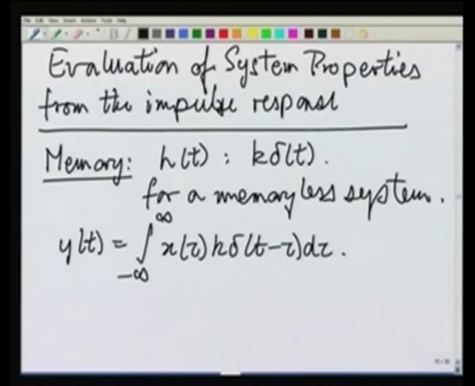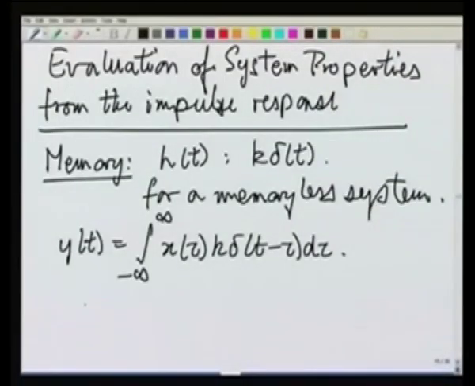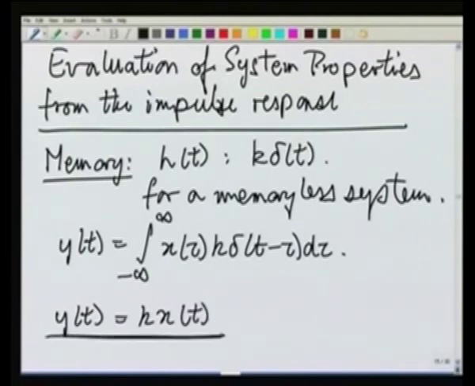This is an expression of the shifting property, which we can use for the Dirac impulse that has been applied here, and say that y(t) equals k times x(t). The only type of linear time invariant system that is memoryless is a system where y(t) and x(t) are related in this manner.